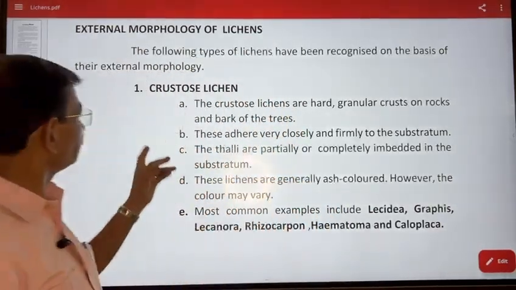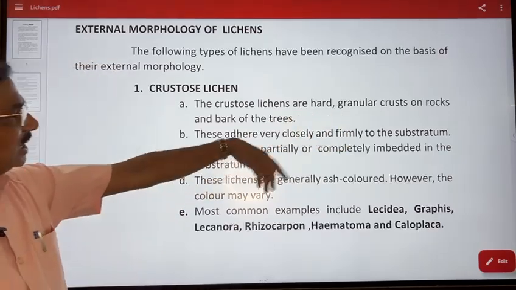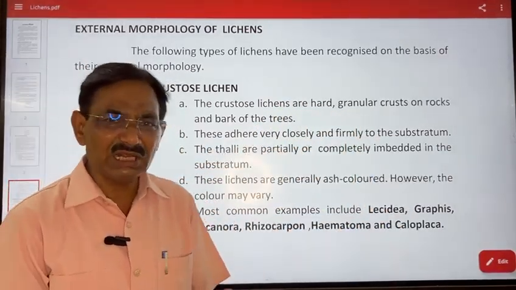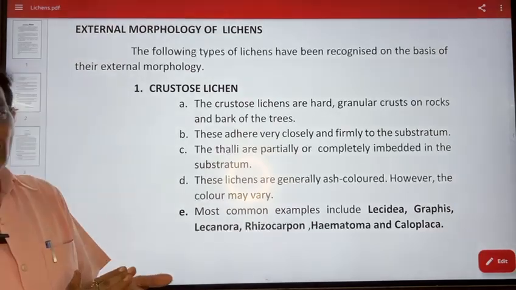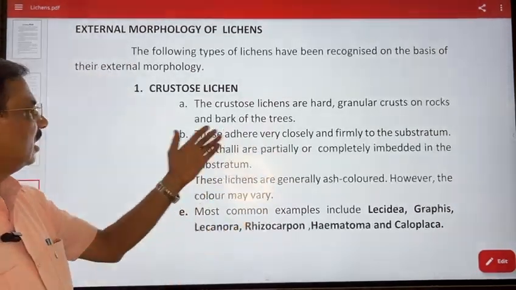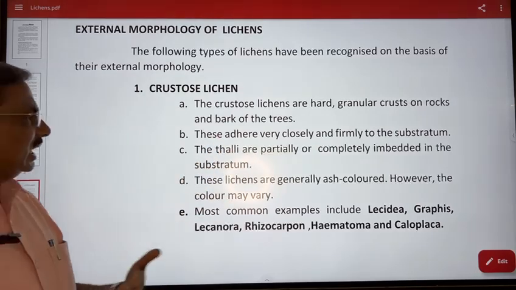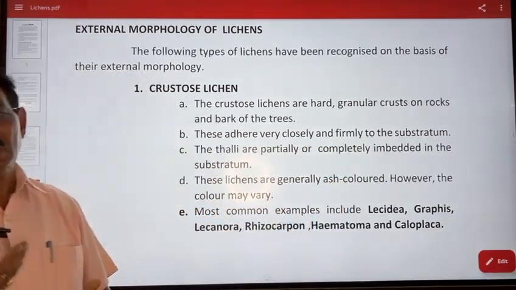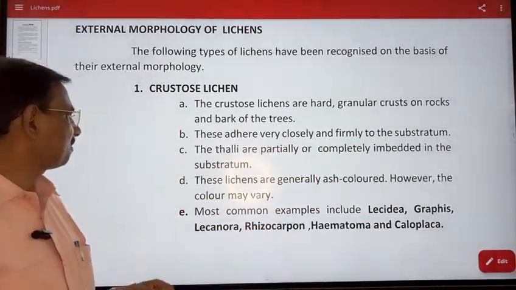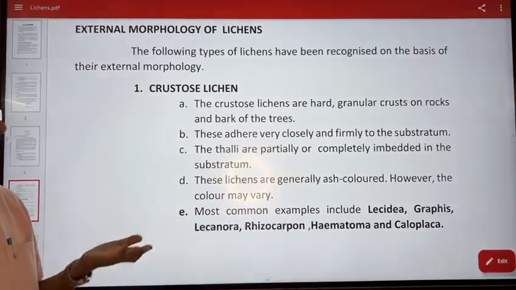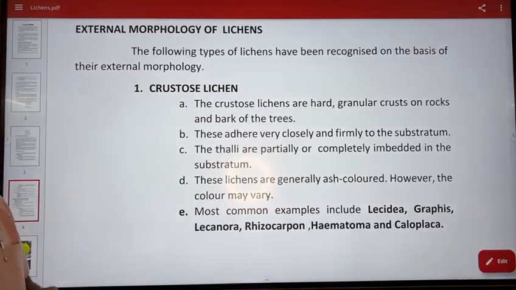They are hard, granular, crust-like, or very thin in nature. They are found adhered on rocks and on the bark of trees, and they get adhered very closely and firmly to the substratum. The thalli are partially or completely embedded in the substratum.